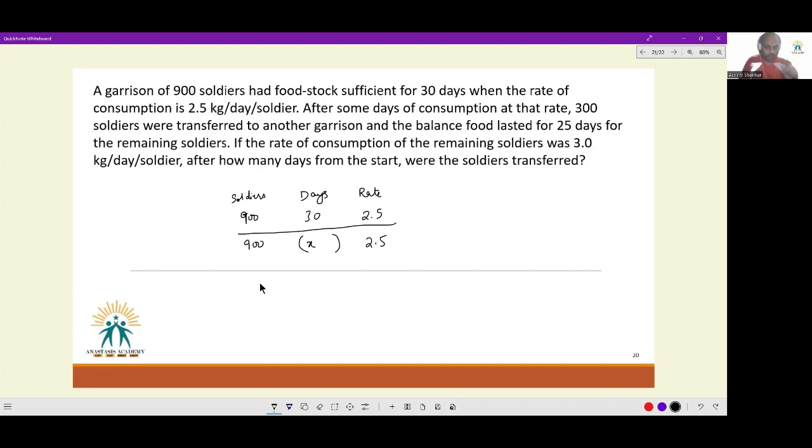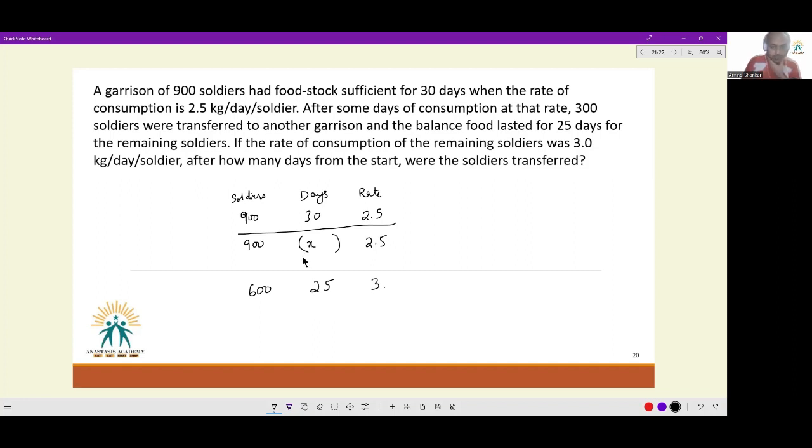If right from the beginning we had been told there was enough food for 600 people for 25 days, if they were eating at the rate of 3. If now the number of soldiers has become 900 and the rate of eating is 2.5 kg per day per soldier, for how many days will the food last?